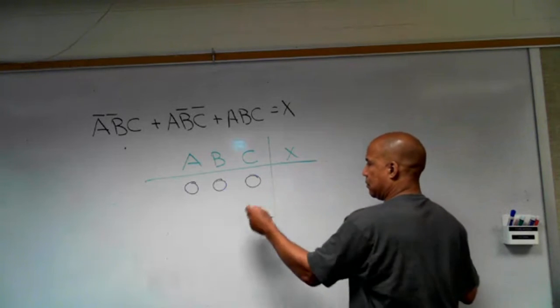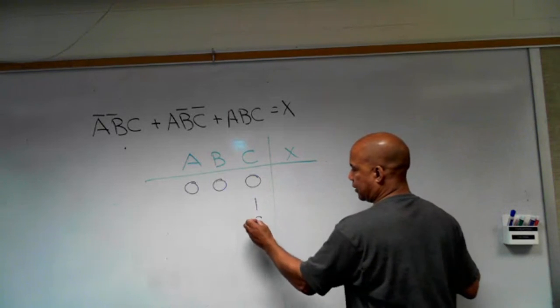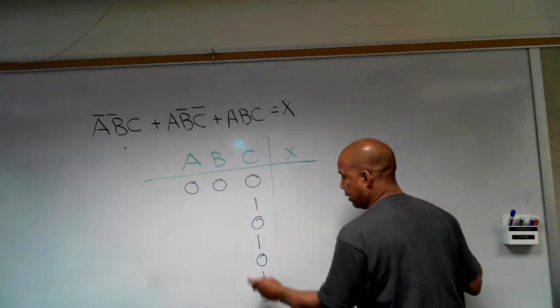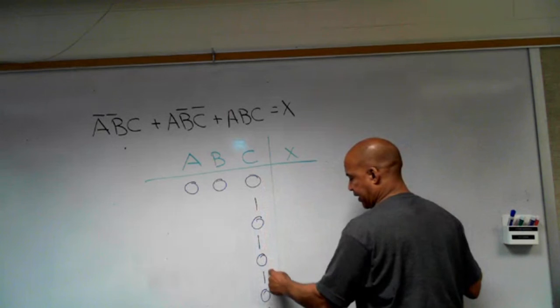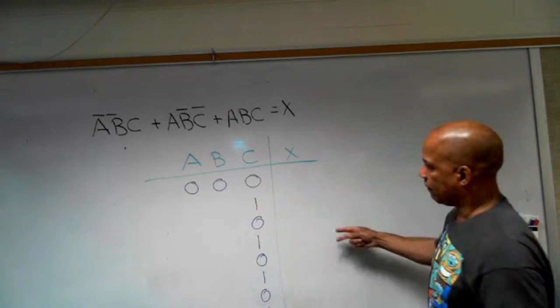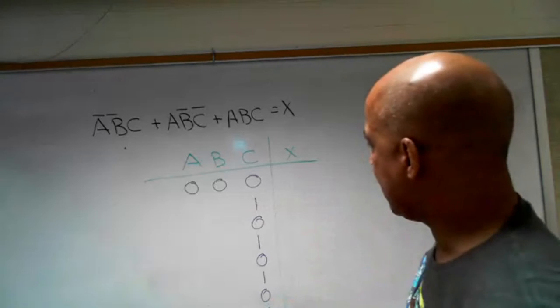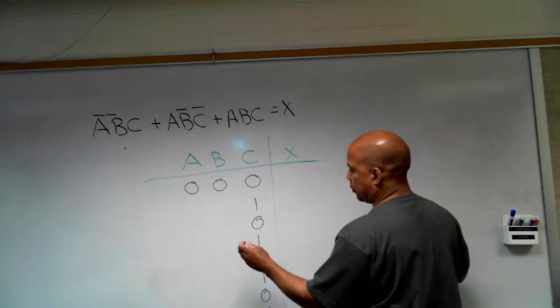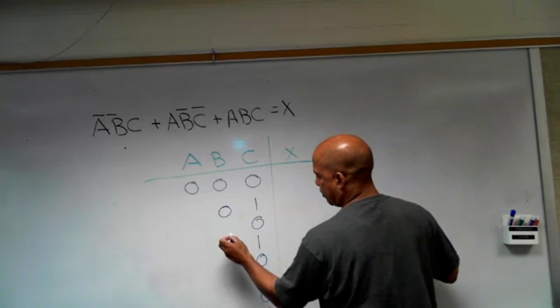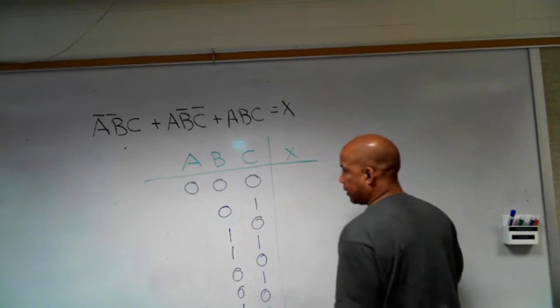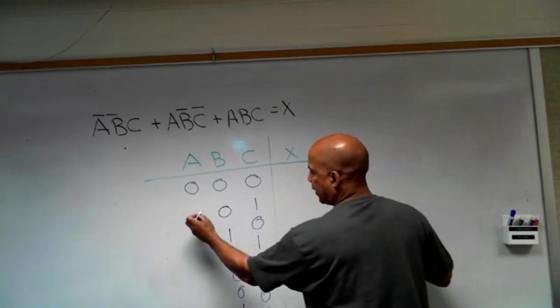So the first one is a 0, then 1, 0, 1, 0, 1, 0, 1: 1, 2, 3, 4, 5, 6, 7, 8. The first one closest to my output, I alternate every bit. The next one, I alternate every 2 bits, so this is 0, 0, 1, 1, 0, 0, 1, 1, and then every 4 bits.